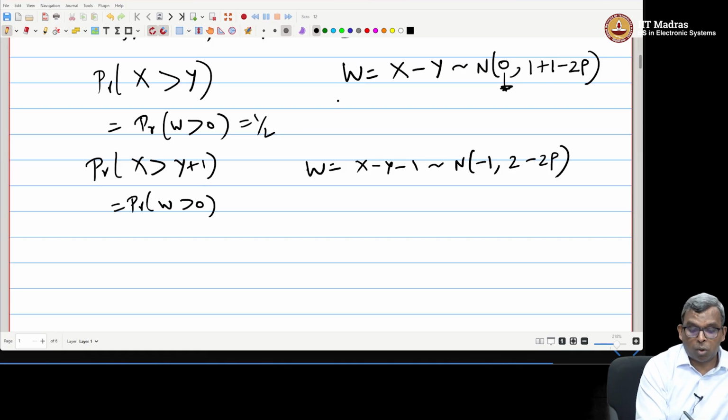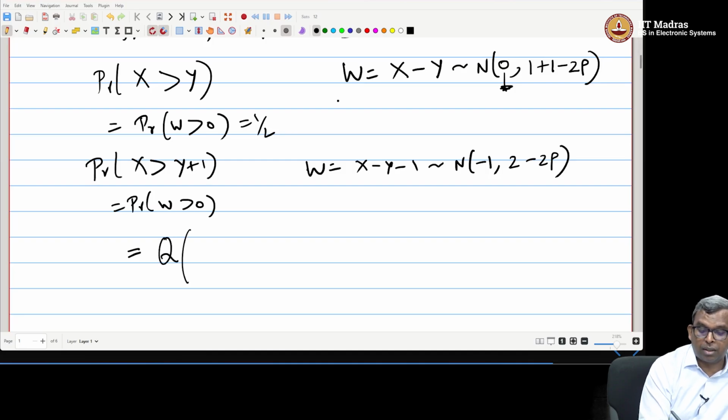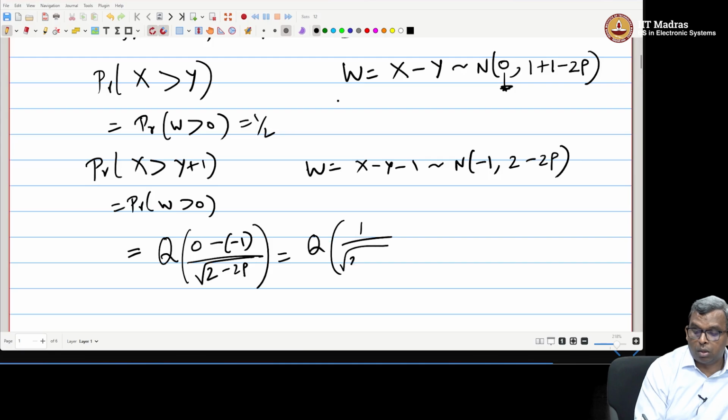Now, what is the probability that W is greater than 0? The mean is minus 1, so in terms of Q functions, it is Q of (0 minus minus 1) by the square root of 2 minus 2 rho. So it becomes just Q of 1 by root 2 times 1 minus rho.